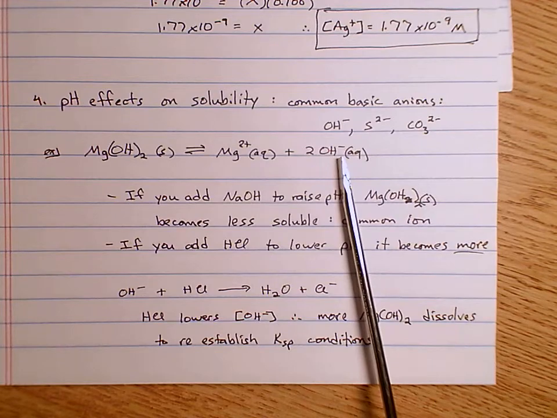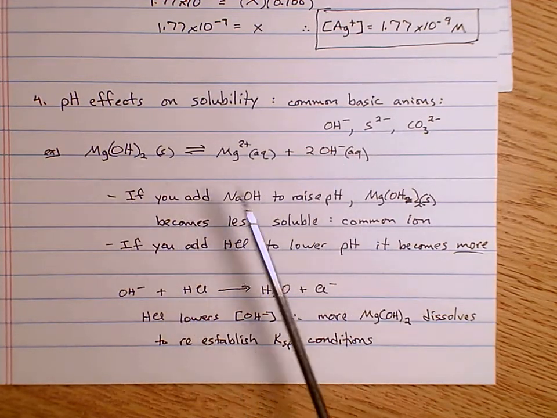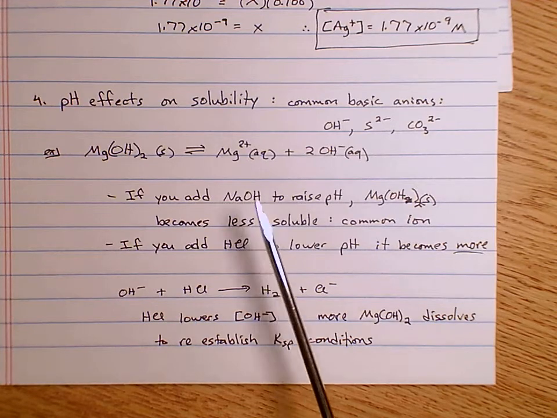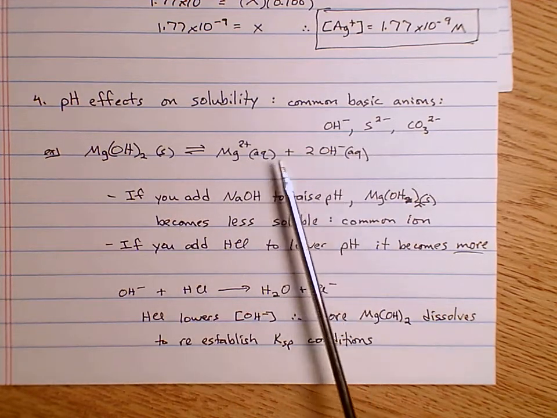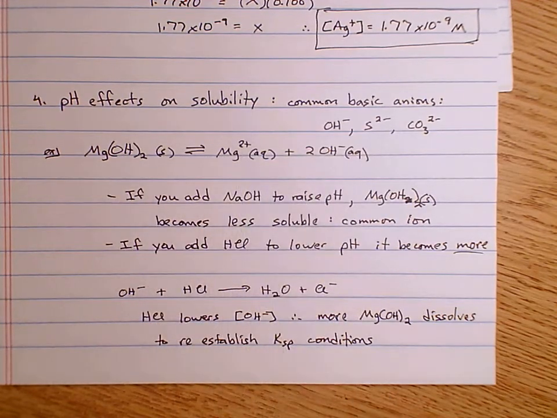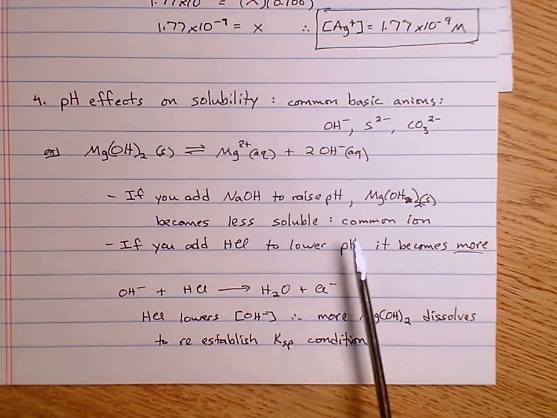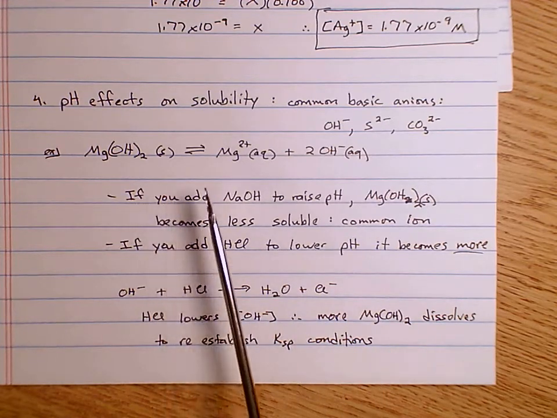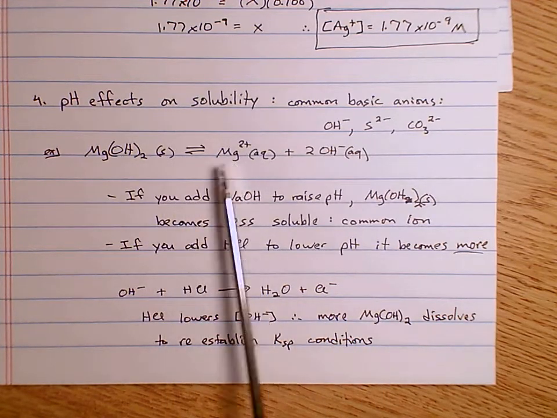Well, hydroxide is the common ion here. So if you tried to dissolve magnesium hydroxide in NaOH, less magnesium hydroxide would dissociate. You get less magnesium in solution. Common ion effect.